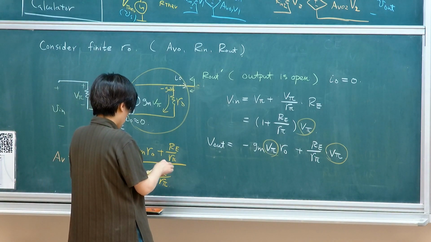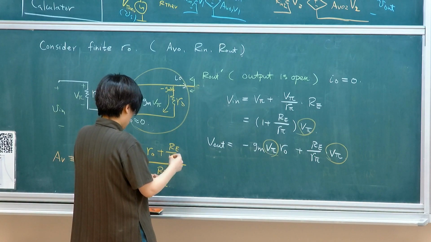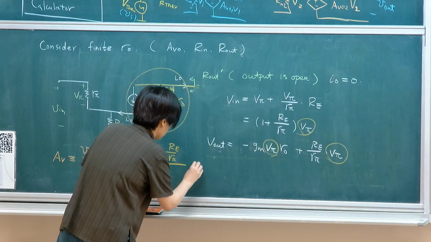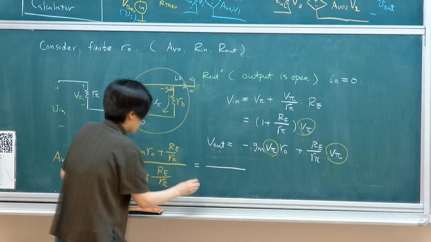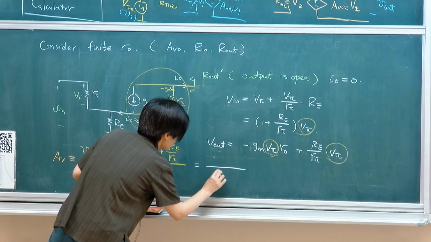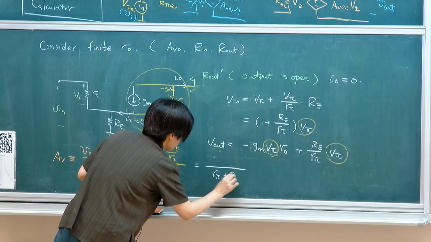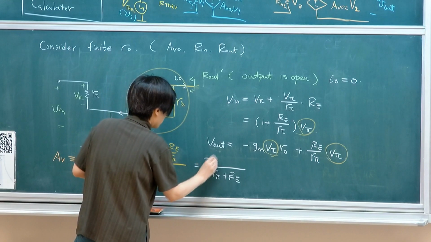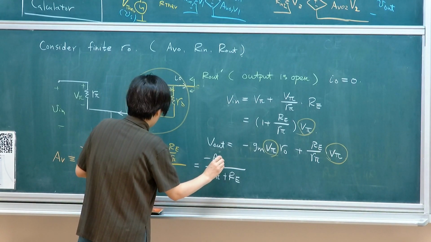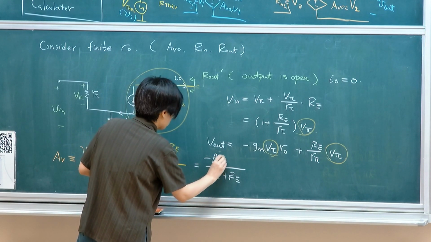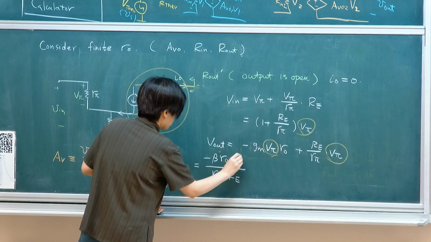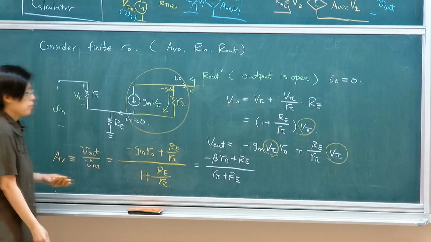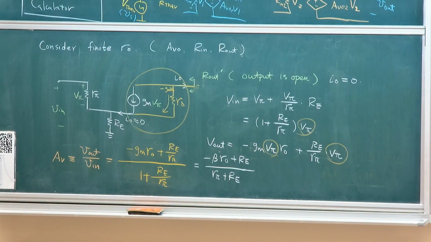So this will be R pi plus RE, and then this will be minus beta RO plus.